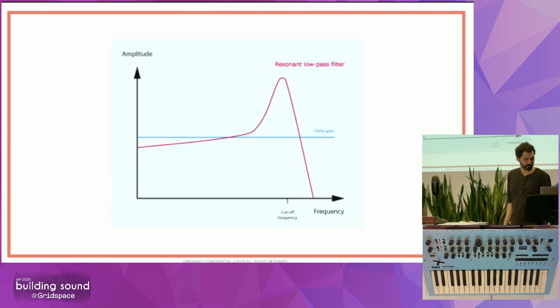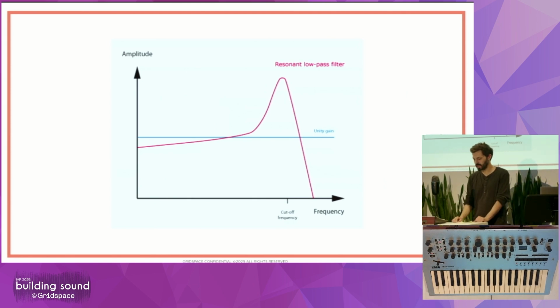But because, number one, you don't have an infinite signal, and number two, we're constrained by what is practical in analog electronics, we're not going to get a perfect low-pass filter, which is actually a good thing in this case, because we're making art here. It would be a very boring synthesizer if we just dropped out high frequencies.